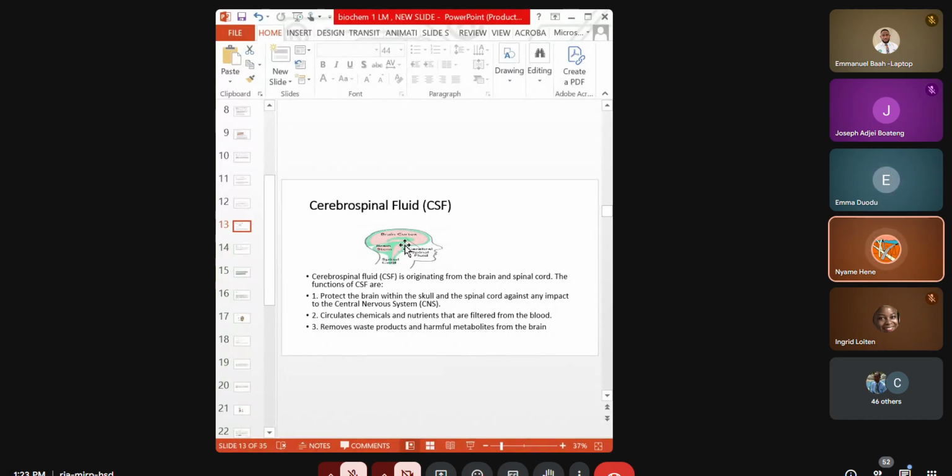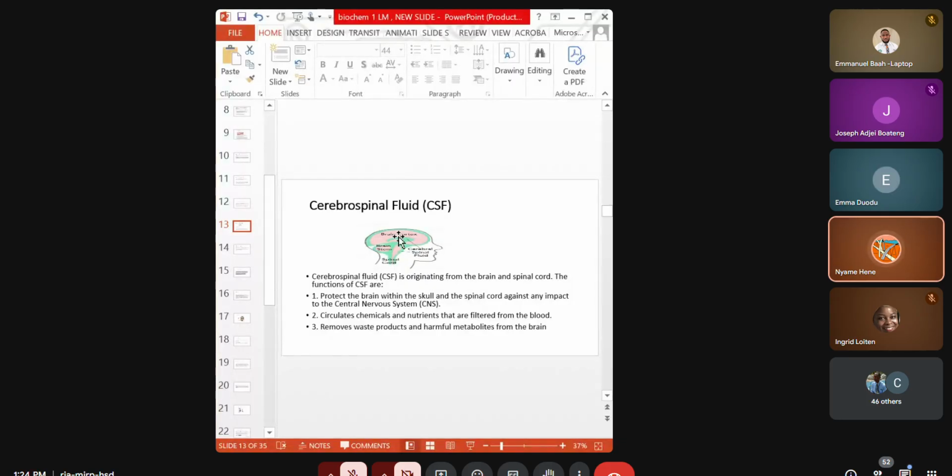It circulates chemicals and also transfers nutrients. It's serving as chemical transport, let me put it that way. It circulates chemicals and nutrients that are filtered from the blood. The blood vessels are there, and the blood carries all nutrients to all parts of the body.